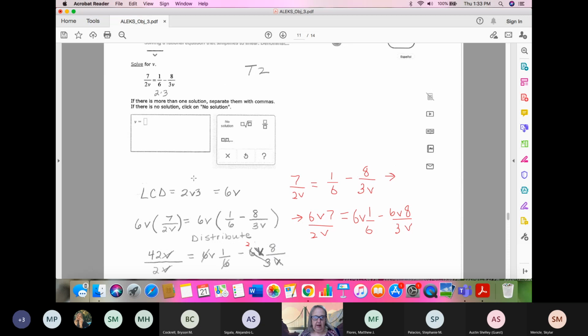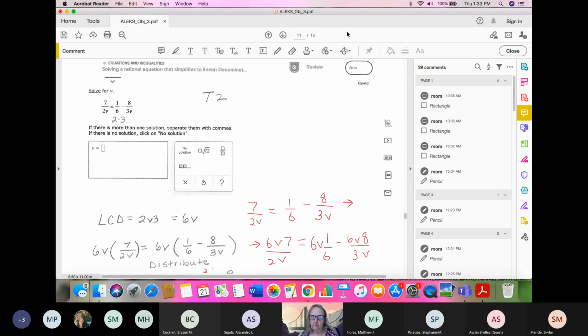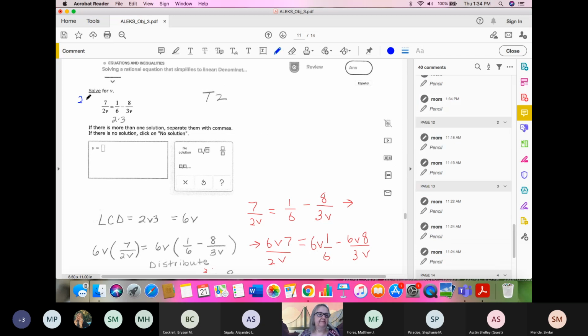Okay? Now, just to give yourself a visual, we're just going to copy down that first denominator in factored form. It is 2v.